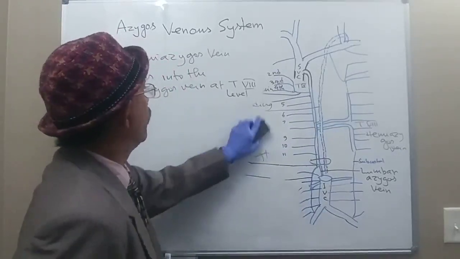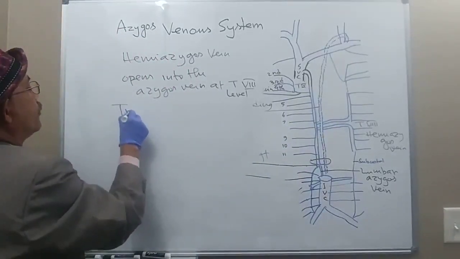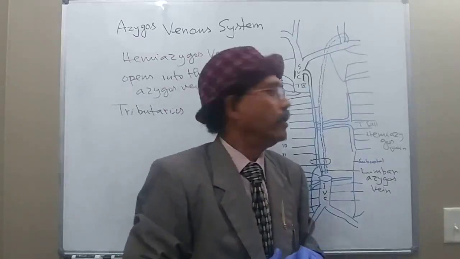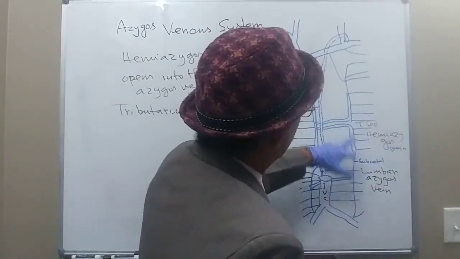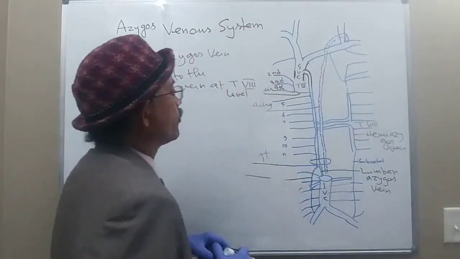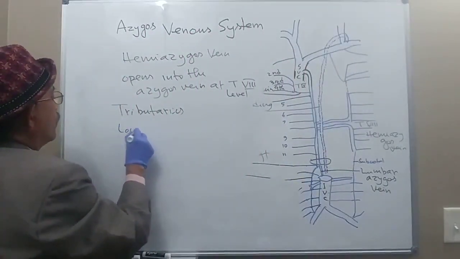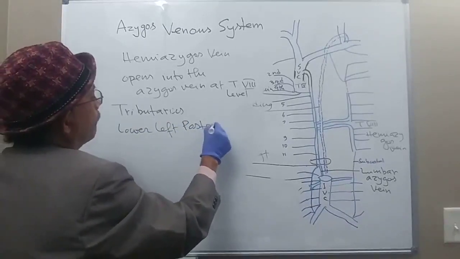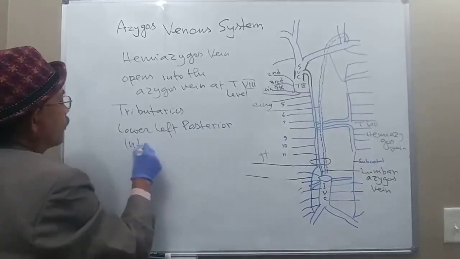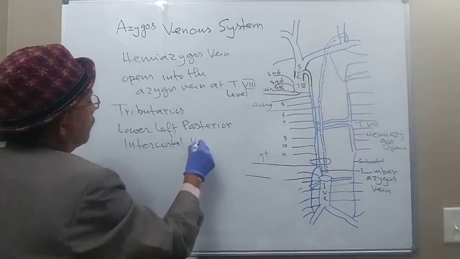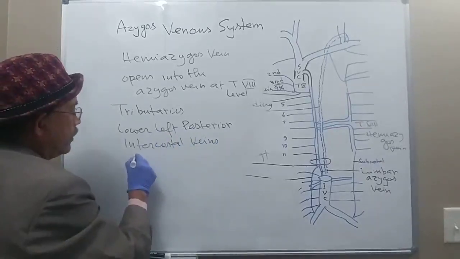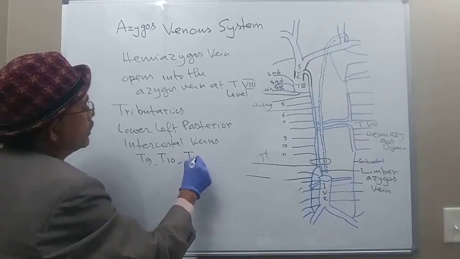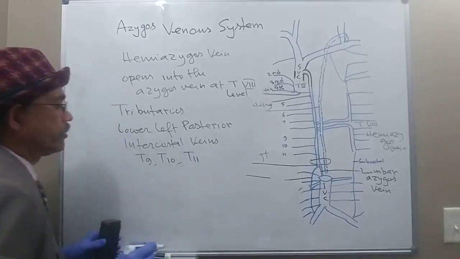Then what are the tributaries of the hemiazygos vein? We have the lower left posterior intercostal veins, like the T9, T10 and T11 posterior intercostal veins.